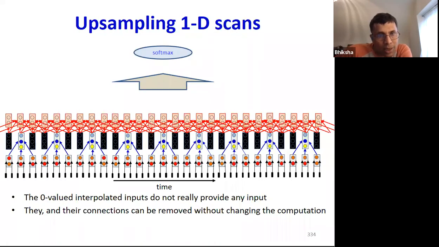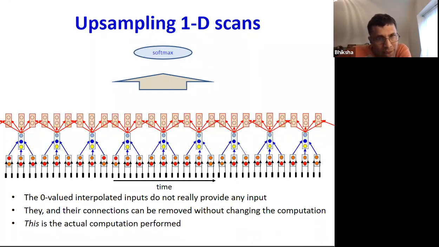And so, of course, these 0-valued inputs, if you're just making them 0, they don't really provide any input. They and their connections, you can make them virtual. I can just remove them and pretend they exist, but then the computation changes a little bit, right? Because now you're not explicitly introducing their contributions.